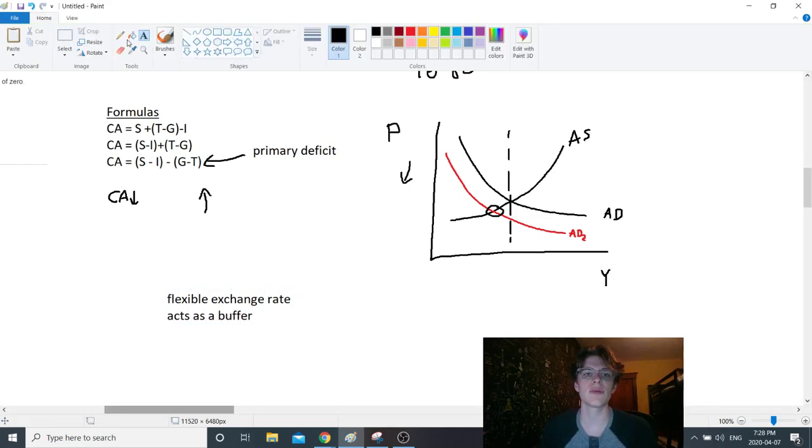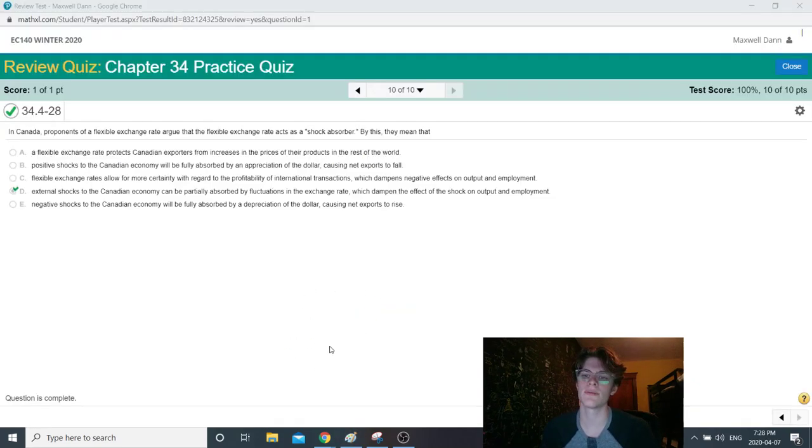What we end up getting is aggregate demand moving a bit more over here to AD3, because our net exports are going to go up and our unemployment is going to go down, because now more people want to buy our goods. So that's going to help with AD a bit.